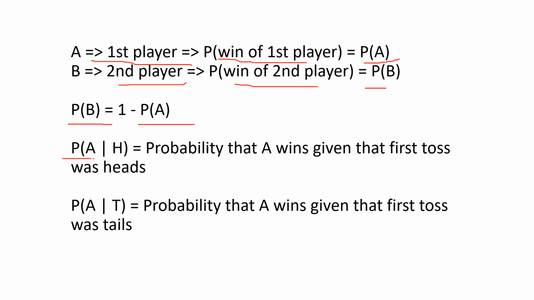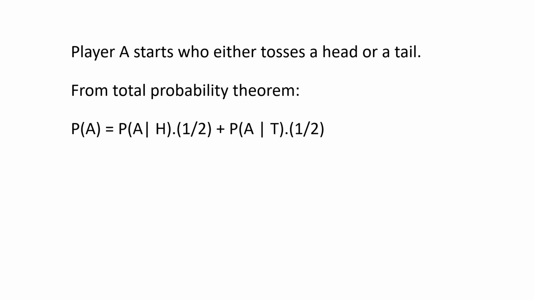Probability of A winning given that he tossed heads is denoted by PA given H. Probability of A winning given he tossed tails is denoted by PA given T. From the total probability theorem we can write probability of A winning as probability of A winning the game given that he tossed heads times probability of tossing heads, which is 1 by 2, plus probability of A winning the game given that A tossed tails times probability of tossing tails, which is 1 by 2. So now we have to determine probability of A winning given he tossed heads and probability of A winning given he tossed tails.